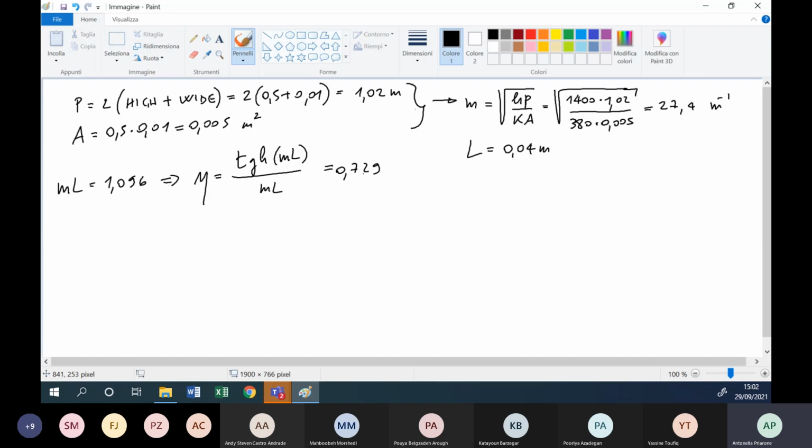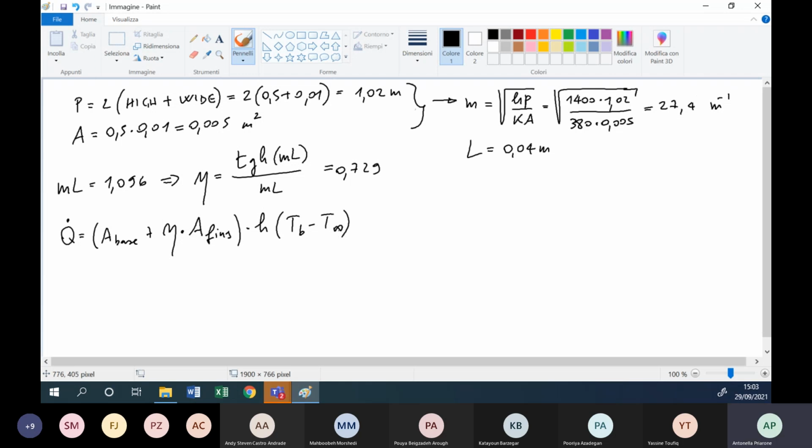Now we have simply to calculate the transfer rate as area base plus efficiency that multiplies the area of fins, by h, TB minus T infinite.